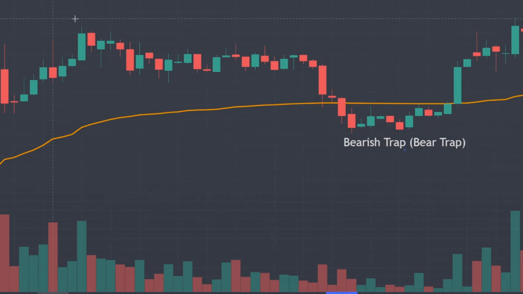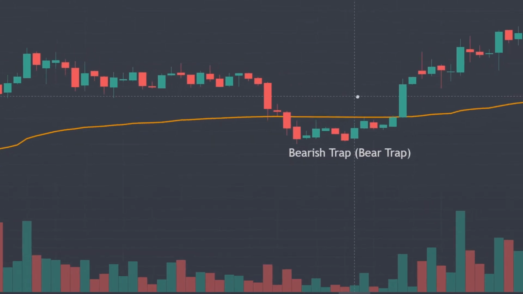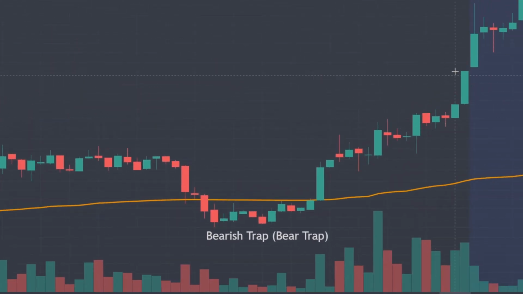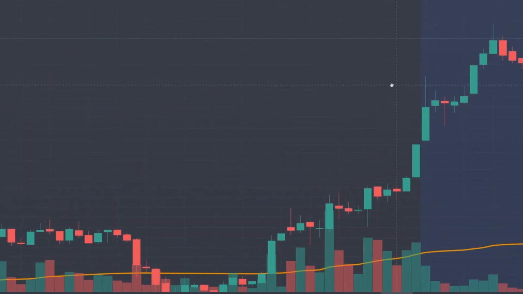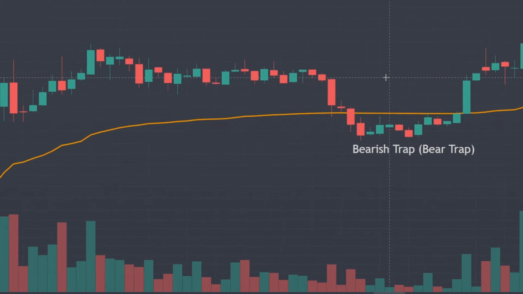So how exactly do we use VWAP and volume to identify a bearish trap or a bullish trap? Well, let's have a look. In this example, we can see a bearish trap because the price moved below the VWAP and suddenly broke back above, running really high. Somebody betting on the price going down would lose significantly in a situation like this.